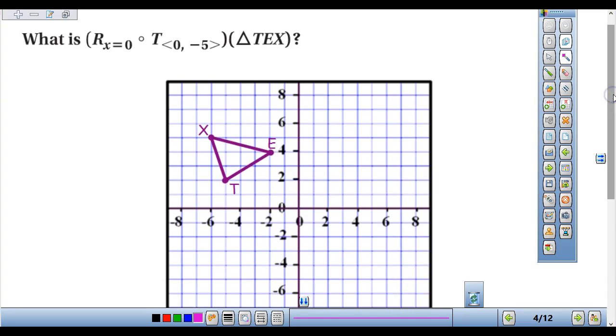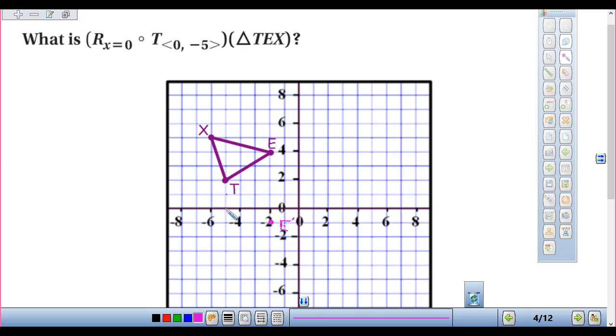So what do I have to do with this first? First thing I have to do is translate it down 5. So every point is going to go over 0 and down 5. So E, 1, 2, 3, 4, 5, I'm labeling it E prime.